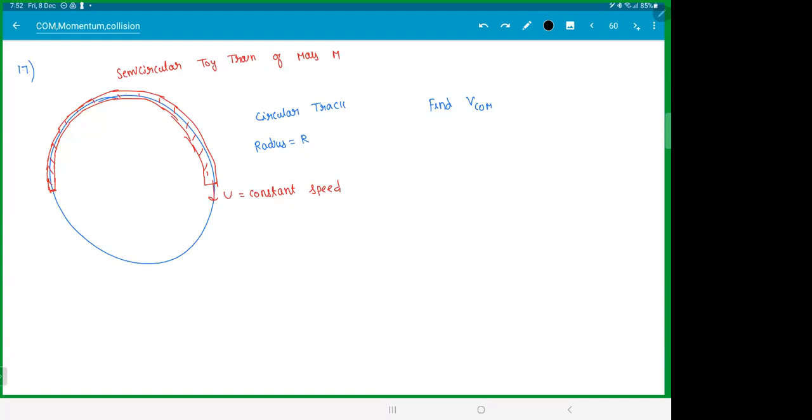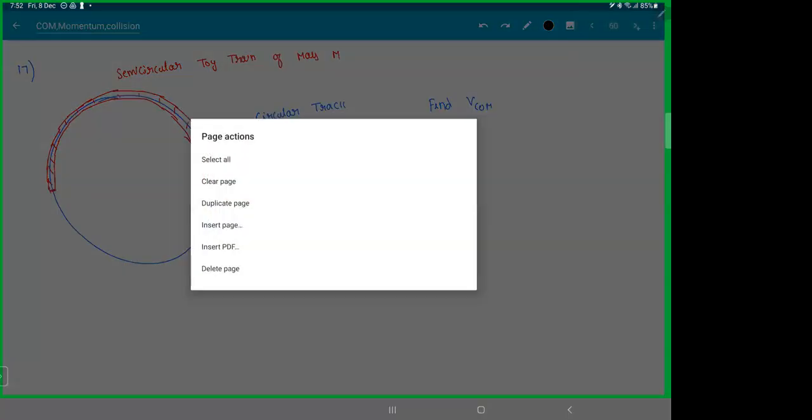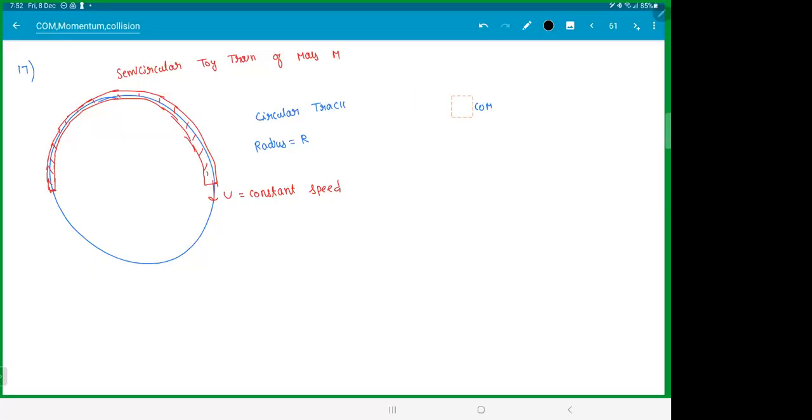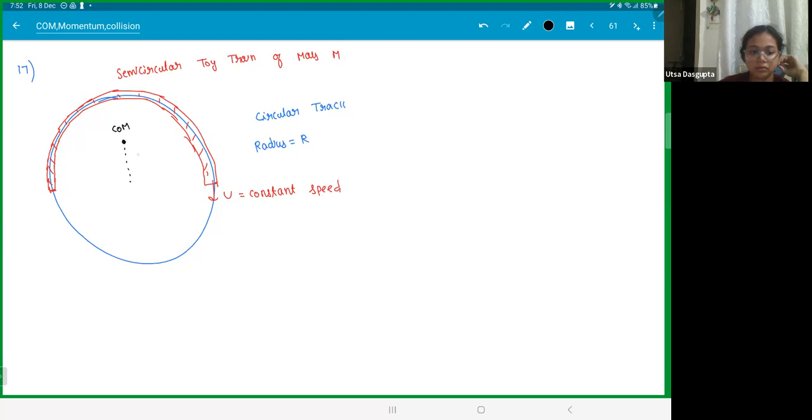What is the catch? One way is to do integration. That's too long actually. There's a faster way. Let me ask you some questions. Where is the center of mass for a semicircle? Okay, 2r by pi.